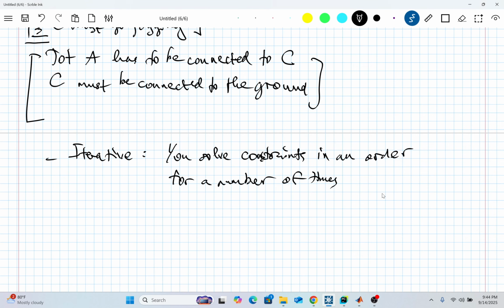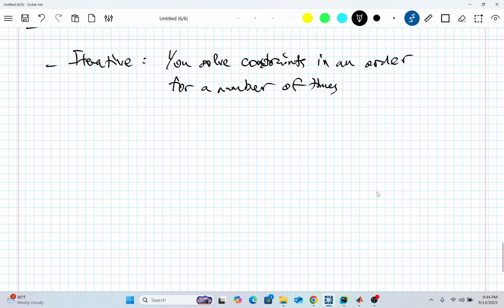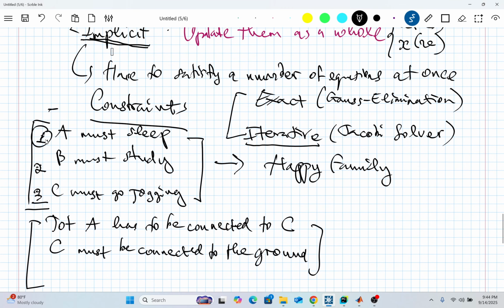Because if you're aware, these 3 things can be related to each other, right? Like I assume they have to happen at once. But if C goes jogging before A goes to sleep, then C will be too loud and A cannot sleep, okay? And when A sleeps, A will make the sound that will distract B, and B cannot study, like that.